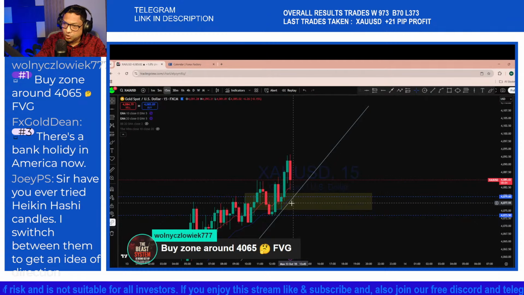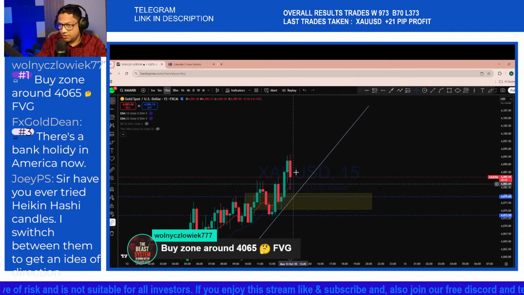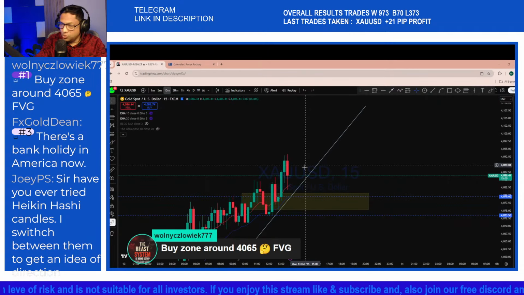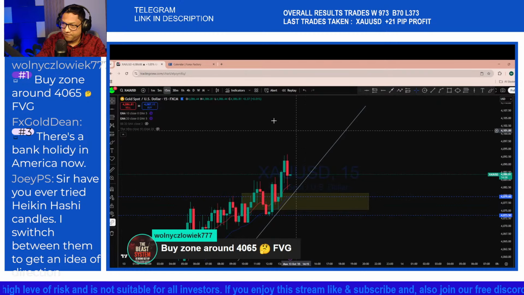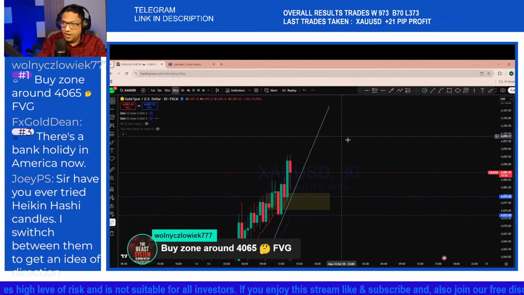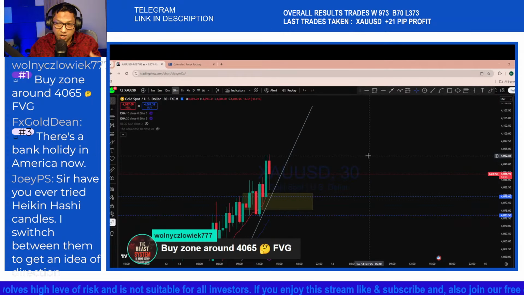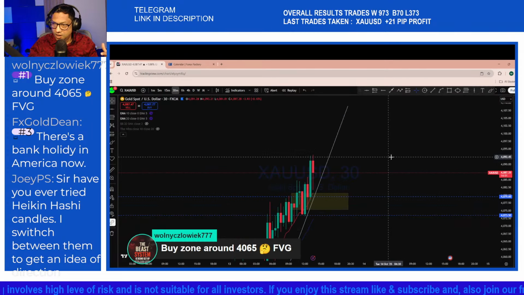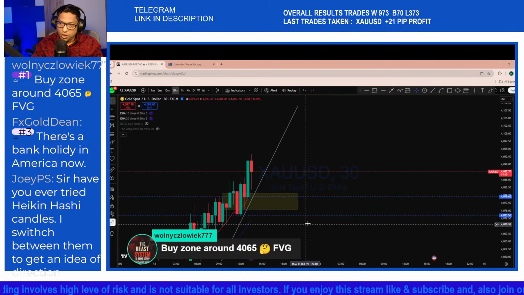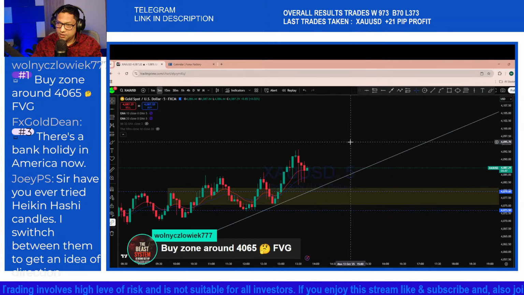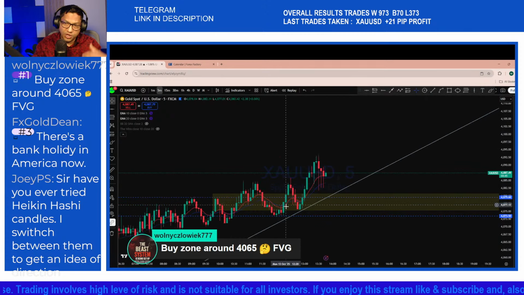Was expecting it to break that low. It didn't break that low. We might see a bounce or potential continuation back further below here. And because we are on a bullish market structure, we would like to see the market trend down back below before we look for the entry.